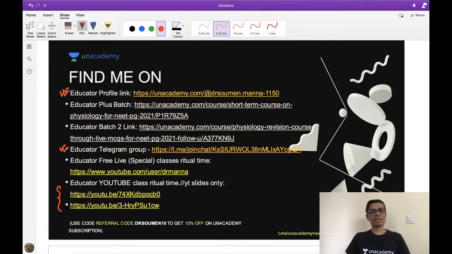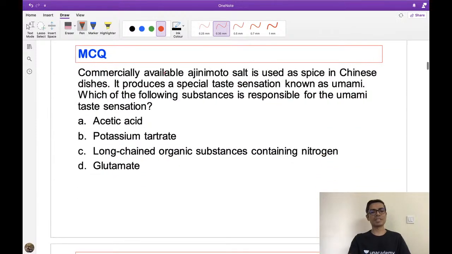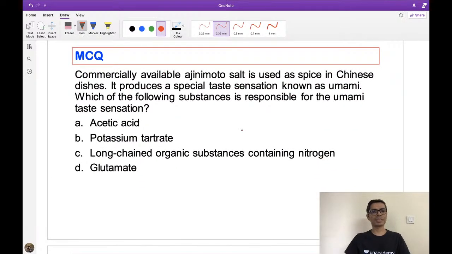Okay, now with this brief introduction, we are directly entering into the MCQ. So you will read the MCQs, there is enough time, and try to answer the MCQ. The first MCQ is very simple, but we will discuss one whole topic with that MCQ. Read the question.